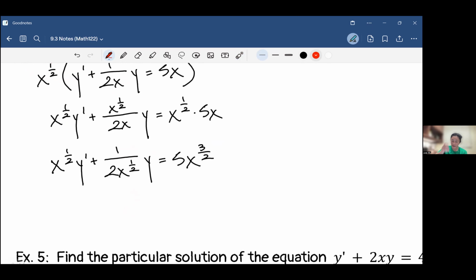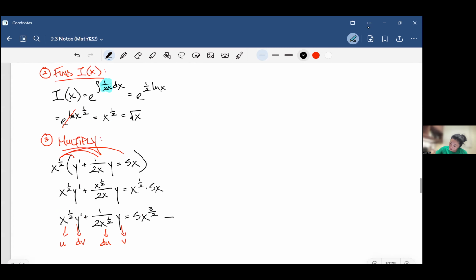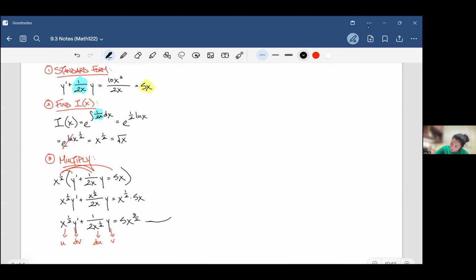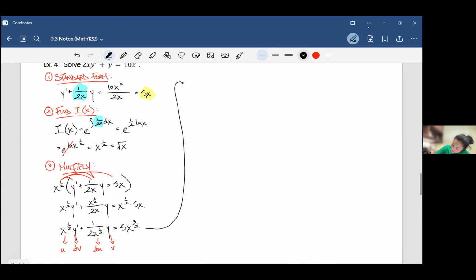Now we can start to see that we've got a u and a du, and we've got a v and a dv, all right? That's going to allow us to rewrite this. We can rewrite this left-hand side as the derivative of x to the 1/2 times y. Okay, the x to the 1/2 is my u, my y is my v.